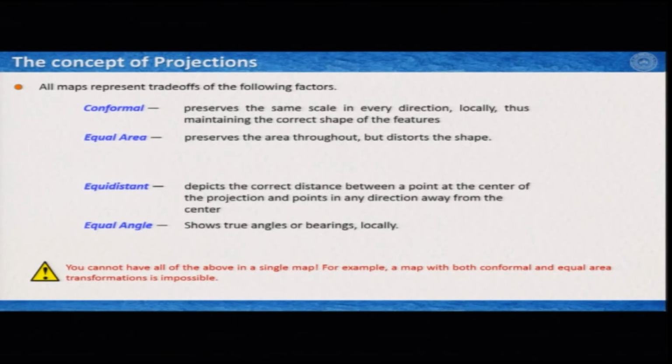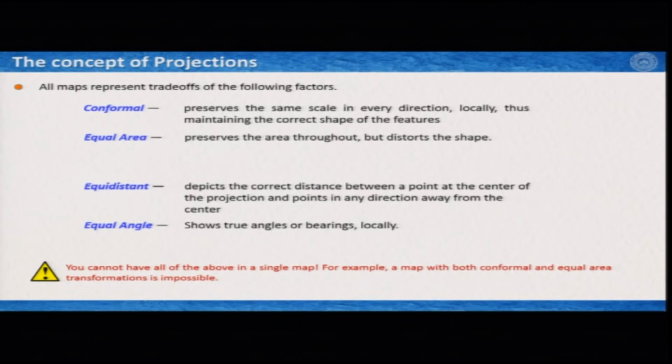There are many ways of projections, but in structural geology there are mostly 4 different ways we project maps. One is conformal, one is equal area, one is equidistant, and another is equal angle. Now, all these 4 are somehow related to each other. For example, a conformal projection preserves the same scale in every direction locally, thus it maintains the correct shape of the features.